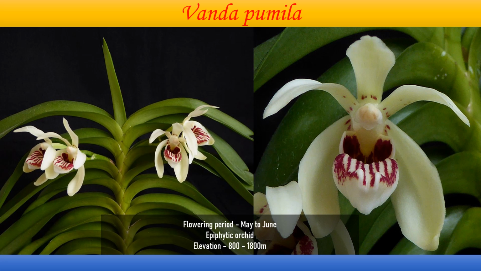Then comes our Vanda pumila. So Vanda pumila, you can see it is whitish and pinkish at the lip part. Mainly the color is sometimes seen in the forest as pure white with a lining of pinkish in the lip part, and the flowering period is from May to June, and its elevation is 800 to 1000 meters.